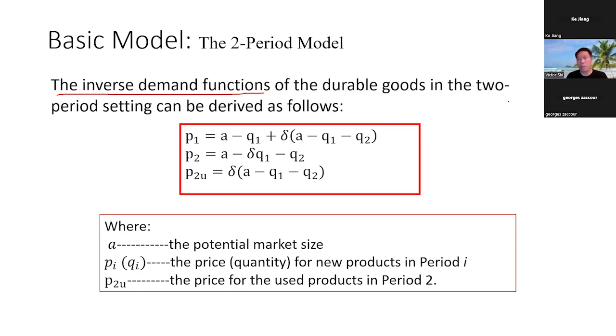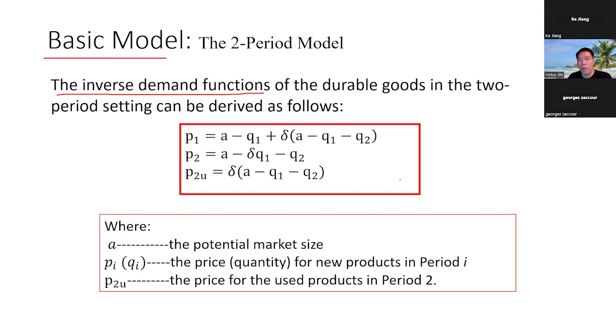Obviously, a durable good can last 3 periods, 4 periods, right? And then if you want to do a global optimization, you have to consider a 3-period setting and so on. But we're going to talk about 2 periods only in the basic model, okay?